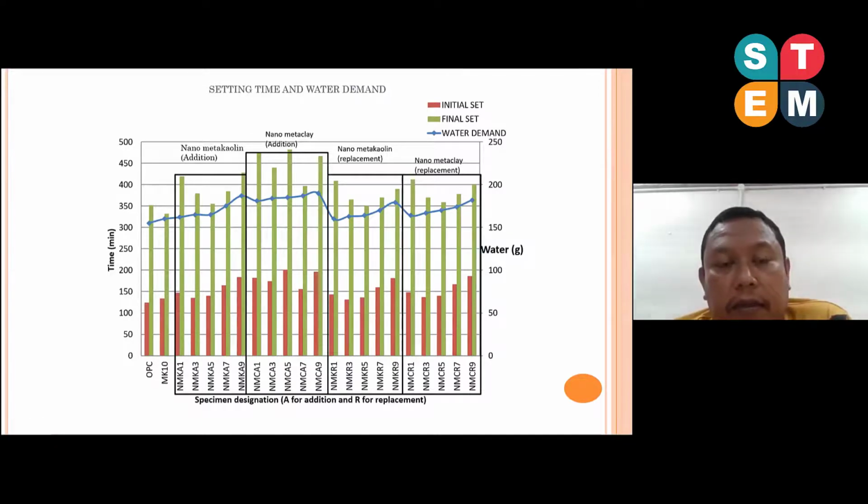This can be expected due to the packed component of cement with the inclusion of nanometakaolin and nanometaclay without replacing. For the replacement method, the water demand for the cement to achieve a standard consistency is less compared to the addition method. This happened due to the replacement of cement in the replacement method.